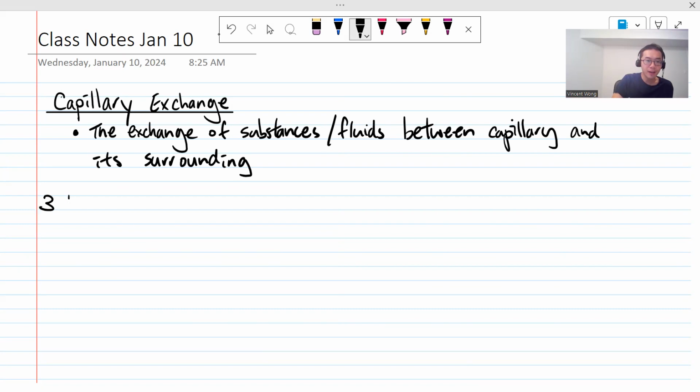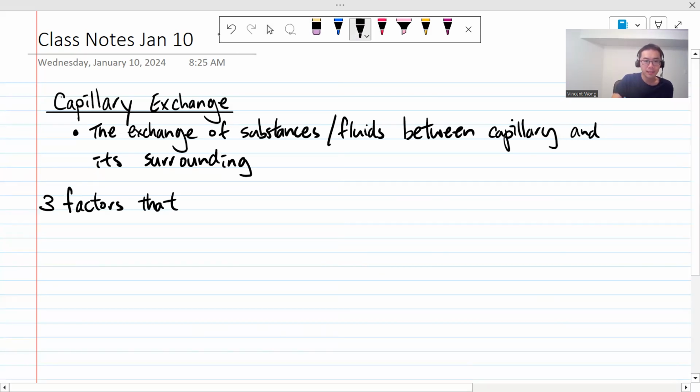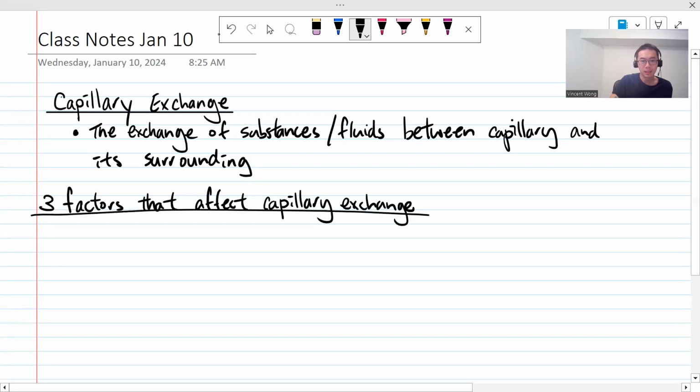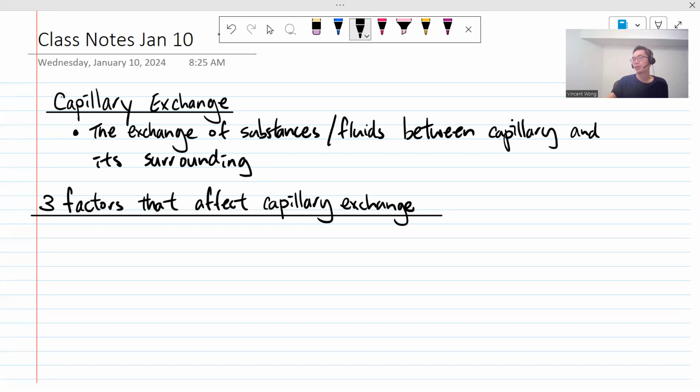So there are three factors that affect capillary exchange. There are three things that will determine whether things go into the capillaries or whether they leave the capillaries.